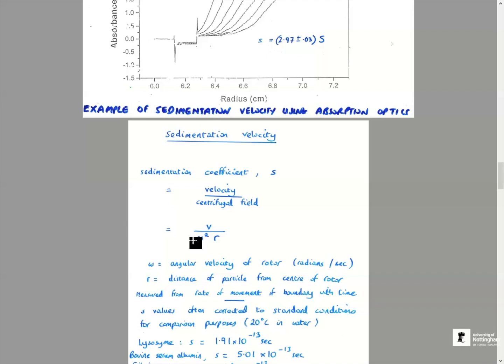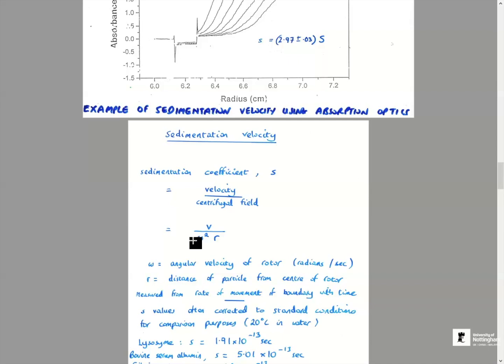when people see a Greek letter, they get frightened. Oh gosh, sigma, omega, oh dear. So omega is just 2 pi divided by 60 times RPM.